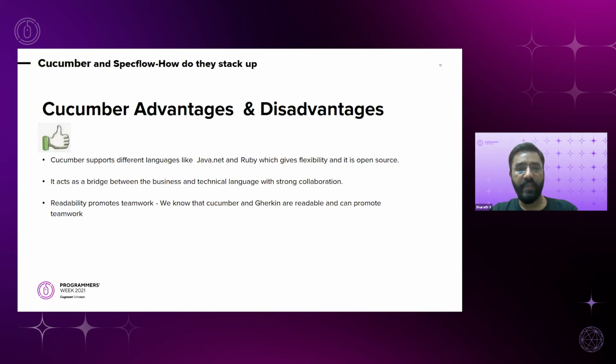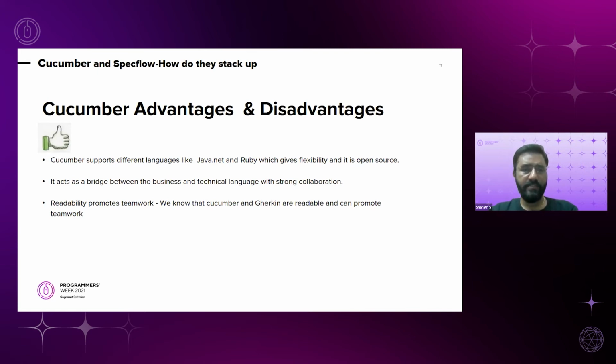But we still have them working along with the technical folks, and they have an understanding of what exactly is going on with the help of the feature files that we have in Cucumber. And it promotes readability, basically. Since Cucumber supports Gherkin, it's readable. Anyone can understand it.